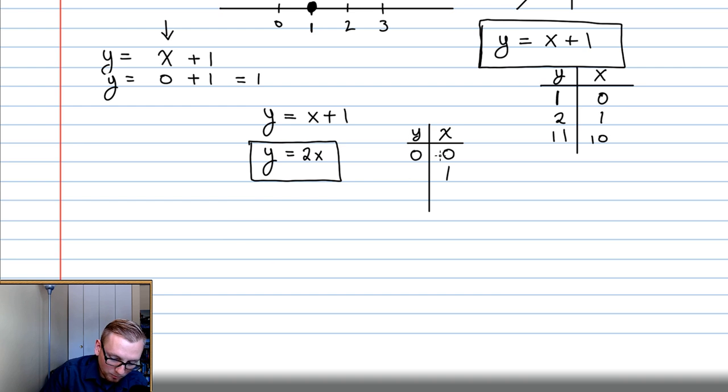Okay, so we are going to plug in the number 1 everywhere we see an x. Everywhere we see an x. Okay, so in our function, where do we see an x?